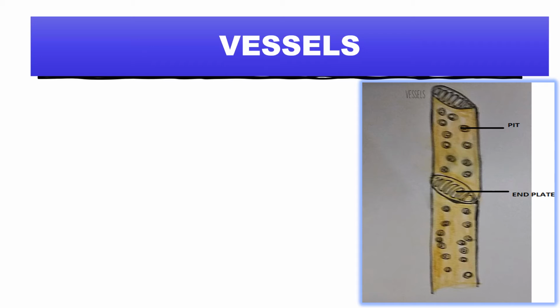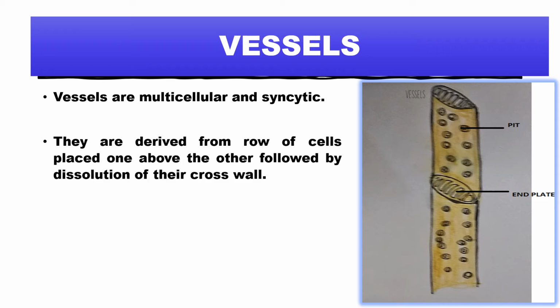Now we'll look at the structure of vessels. Vessels are multicellular and syncytic. That means these are tube-like structures, or rows of cells which are first placed one above the other, and then their cross walls dissolve. So it looks like a jointed structure.